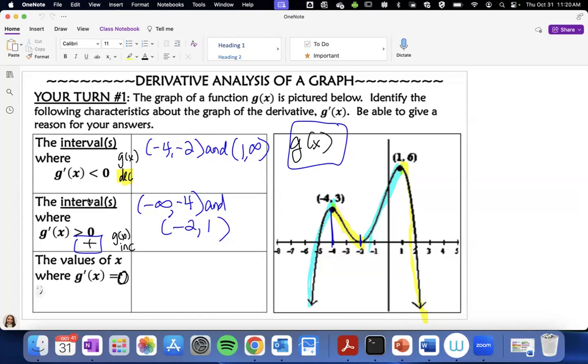At -4, because that's a max, and at x equals... not 2, try again. That's where g of x equals 0, but where does g prime equal 0? The derivative is 0 when we have a max or min, right?